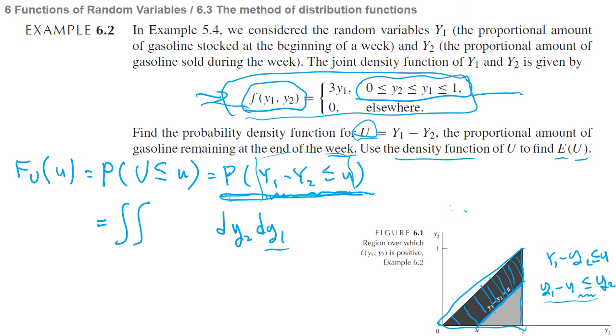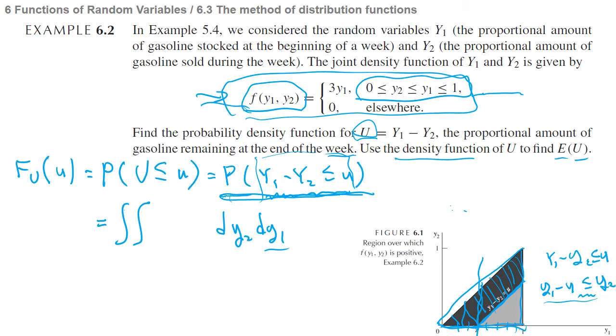However, when we are integrating from 0 to 1, at each point we are going to integrate Y2 from here to here, and the line would be different.